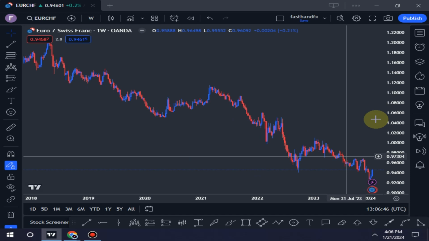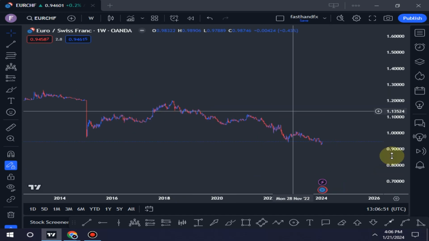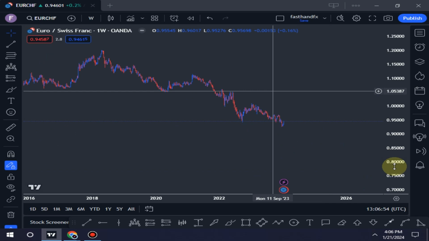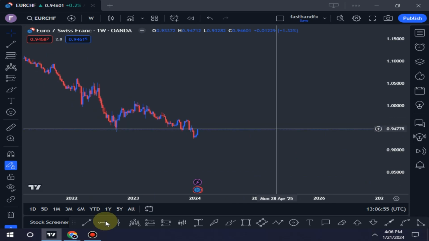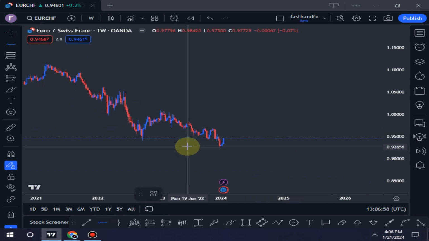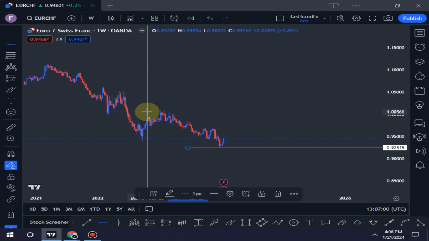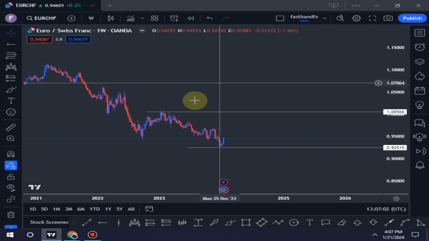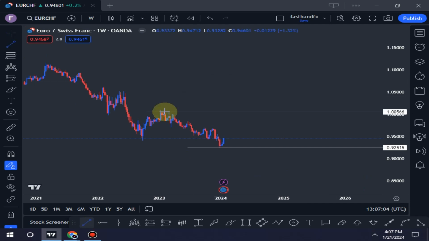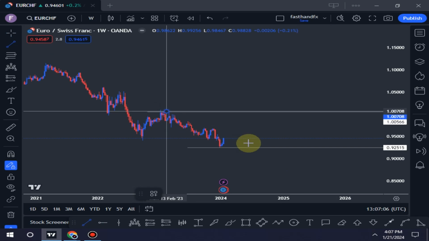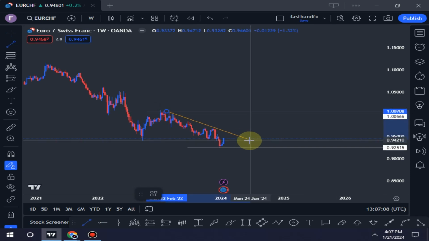This is weekly. All right. So we can say we have this level right here, and of course we have that level. So let's see. Our 1, 2, probably something like this.